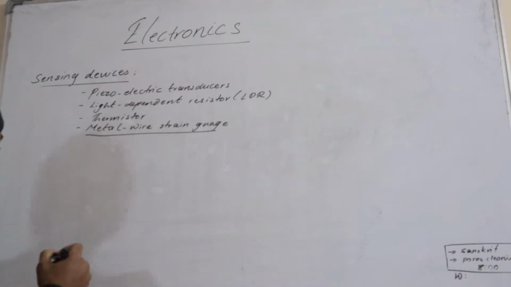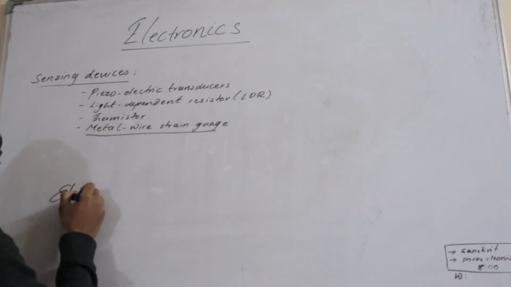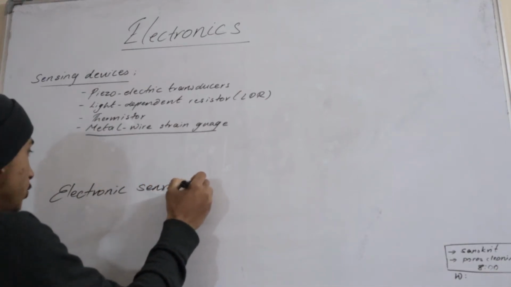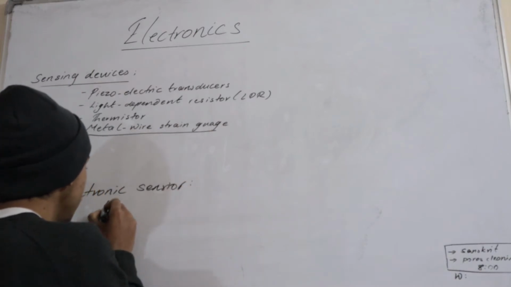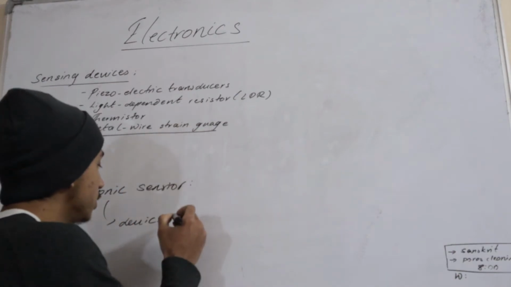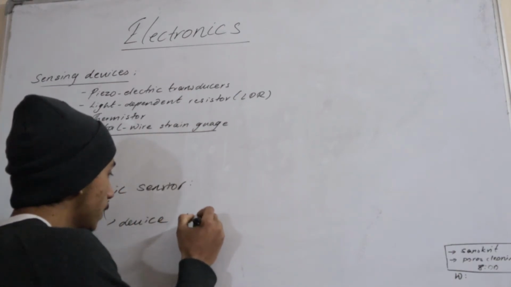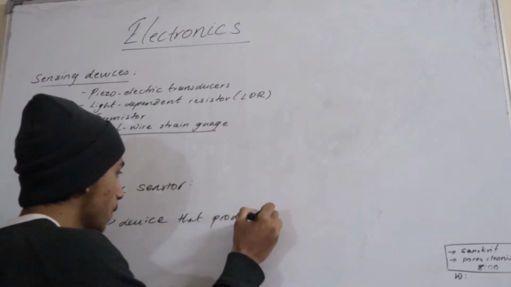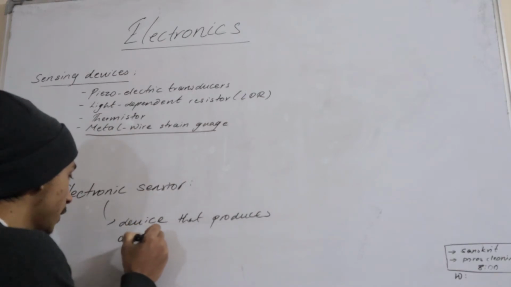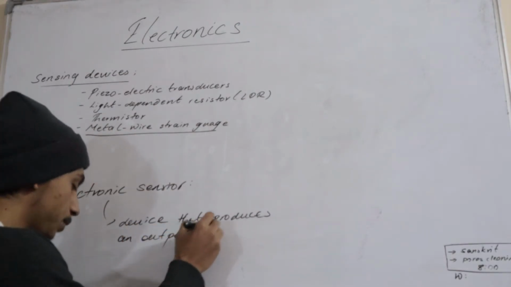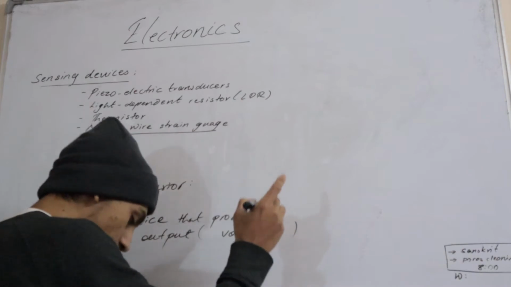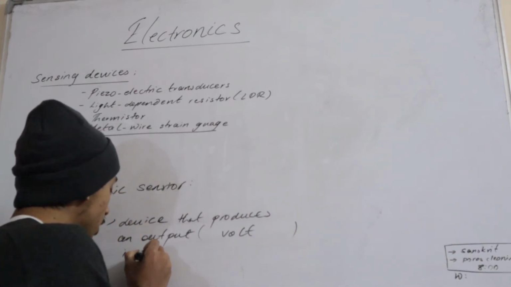So an electronic sensor is a device that produces an output, that output is in volts, in response to an input.